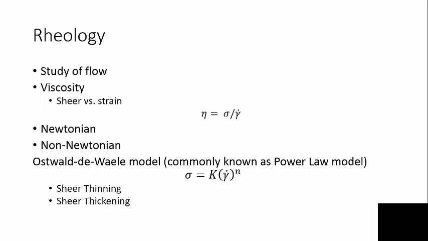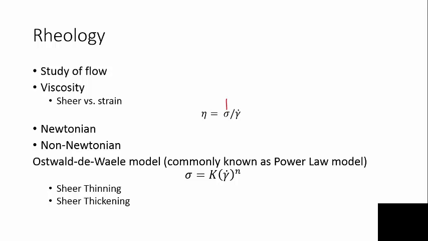So rheology, as I said, is the study of flow of materials, and a common rheological measurement is viscosity, which is defined as shear versus strain, or our formula here. This is the symbol for viscosity.